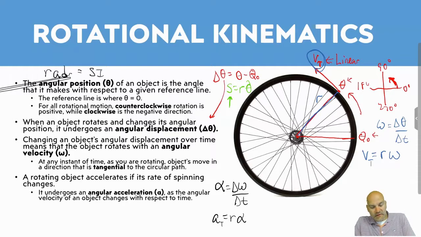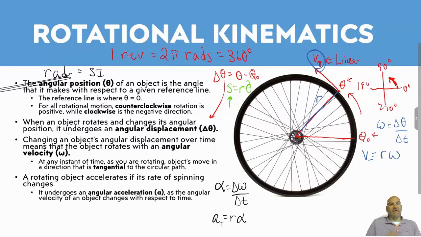One revolution, one complete circle, is 2 pi radians, which is 360 degrees. So if they give you revolutions per minute or degrees per second, you need to convert to radians. That's our SI unit, so you don't have to change your calculator. We're going to treat radians as if they were meters.